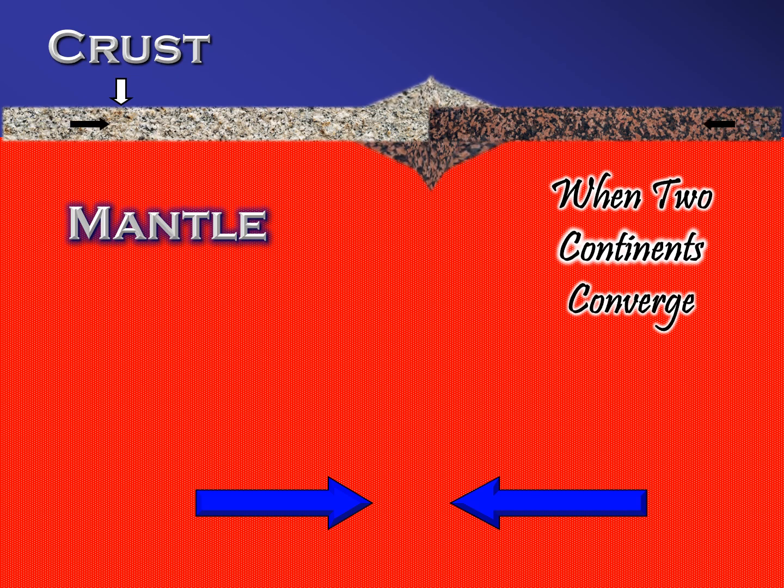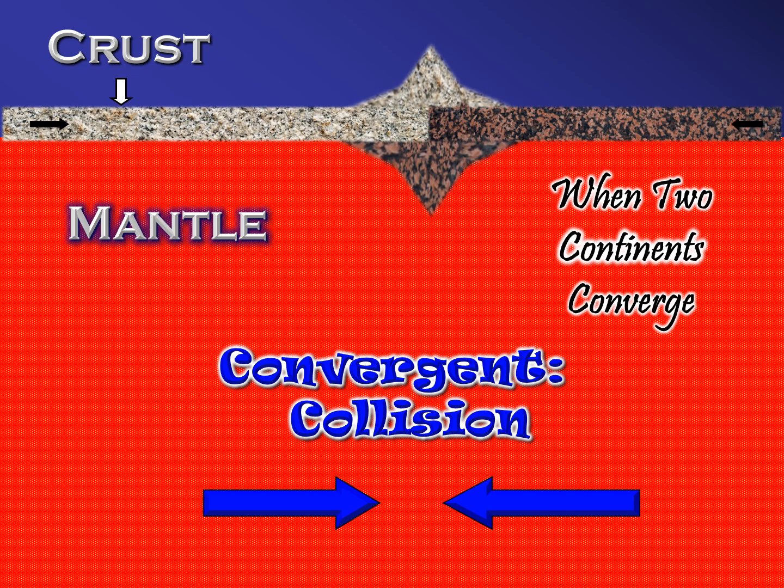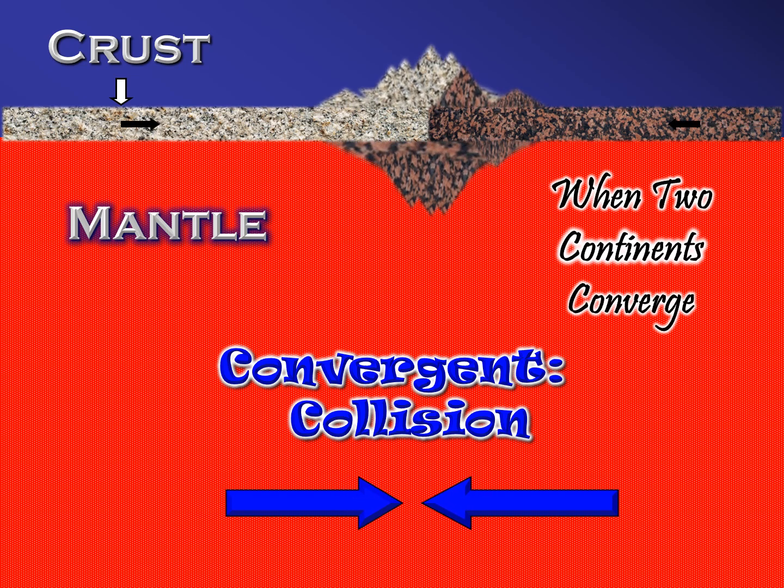The other option is, what if two continental plates are moving toward each other? Well, that's convergent, but now what you get is called a collision. It turns out continental crust is too low density, too rare to ever subduct into the mantle. So when two collide, the only option is for them to smash together and buckle up and down like an accordion, making a very, very large mountain range.